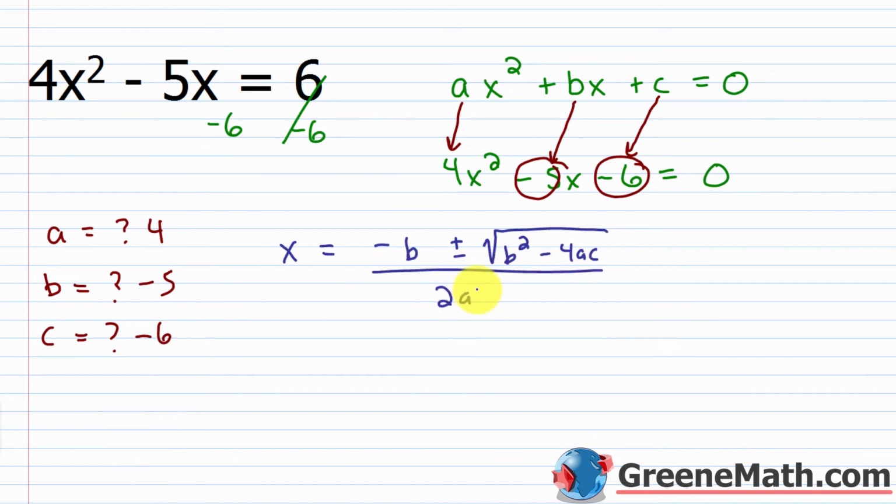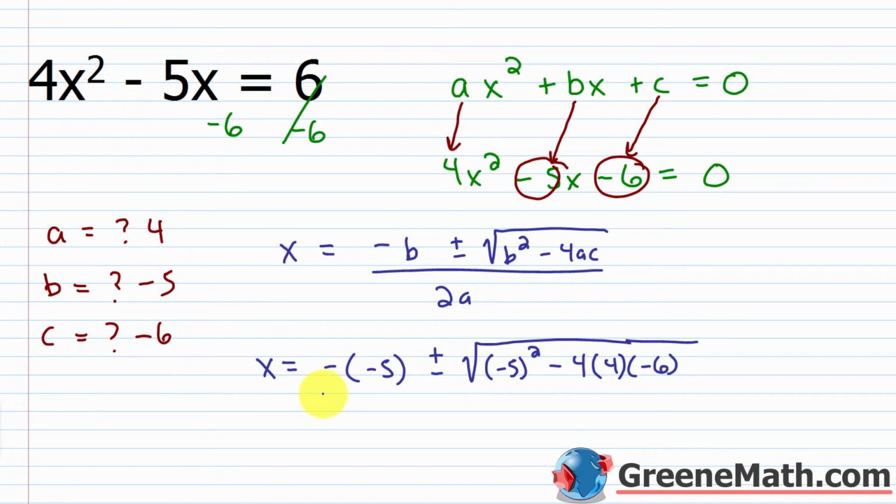So what are we going to have here? We'll have x is equal to negative b. So I put negative, and then for b I put negative 5 in there, plus or minus the square root of, we have b squared. So let's put negative 5, and let's square that, minus 4 times a, that's 4, times c, that's negative 6. And this is all over 2 times a. A is 4, so 2 times 4.